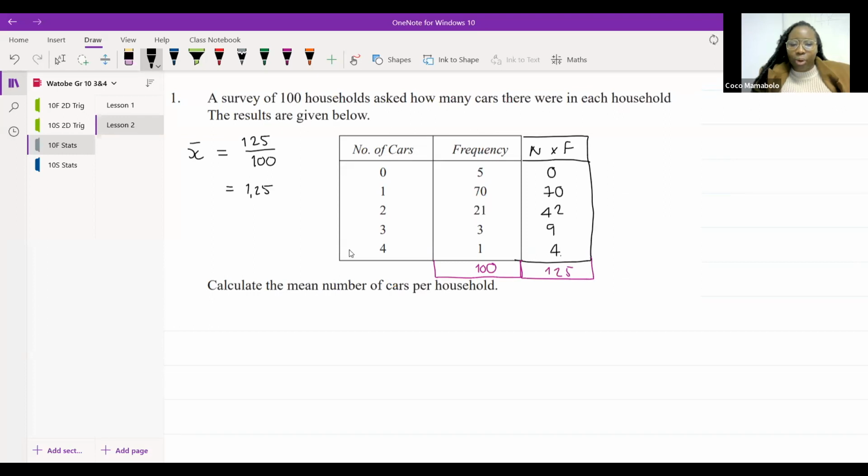Beautiful. Now we can't have 0.25 of a car, so in this case, we have to round down, correct? So the average household has how many cars? 1 car, beautiful. That's your average household.